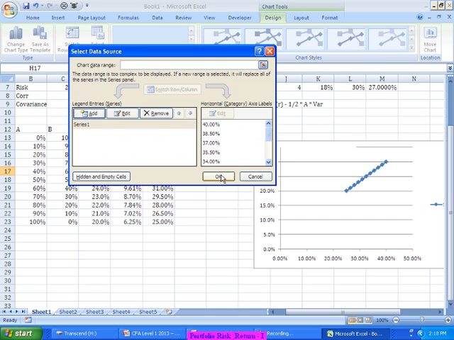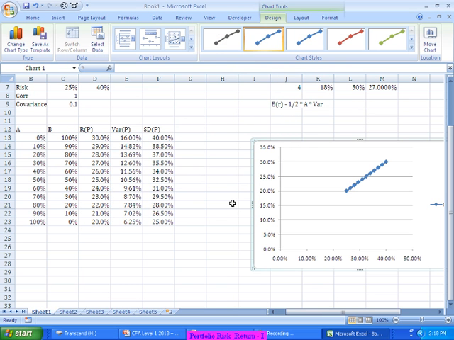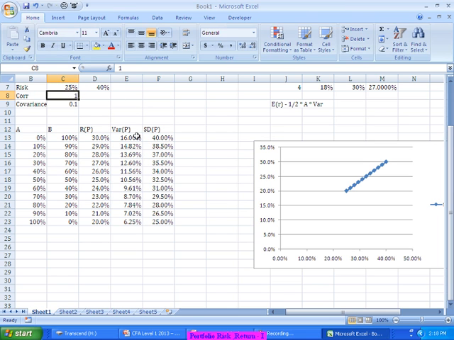If the correlation is 1, I'm getting a straight line like this between the risk and the return. The graph between the risk and the return is a perfect straight line. Whereas now you see that the correlation, let's say, is 0.5. It takes a turn, it takes a curve.